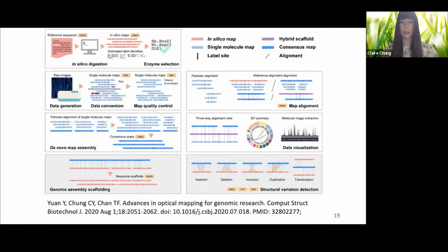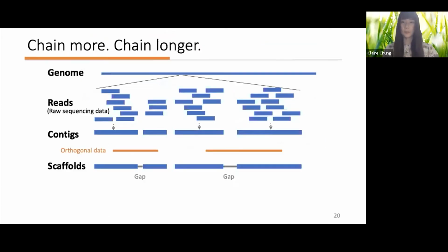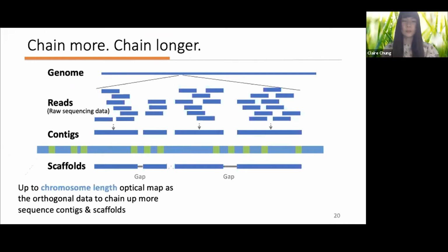So by directly comparing in a map-to-map manner, that's it. The basic idea is to chain more fragments, have a longer thread to get longer contiguous linkage information, and this is what the optical map helps with.